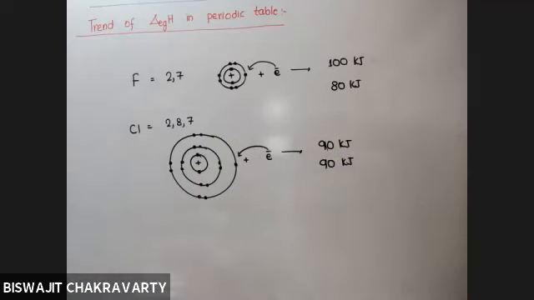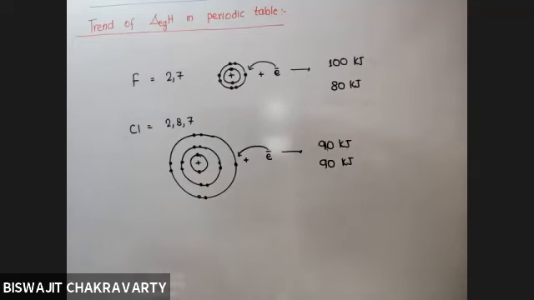Yes, sir. Why? Because this electron did not experience any force of repulsion. If you are experiencing force of repulsion, then only some energy will be deducted to overcome it. But if there is no such force of repulsion, whatever you expected and what you are actually getting will be the same. Are you getting my point?